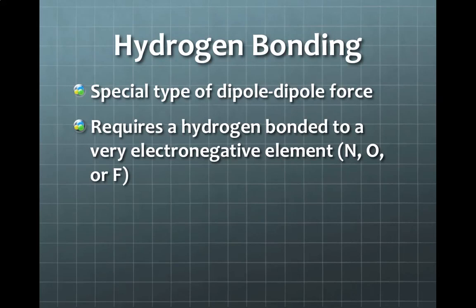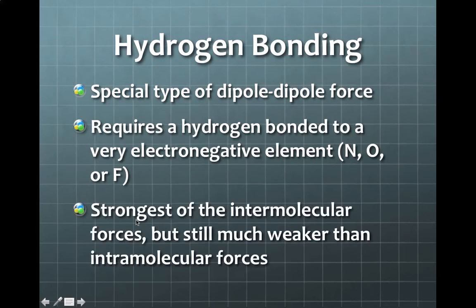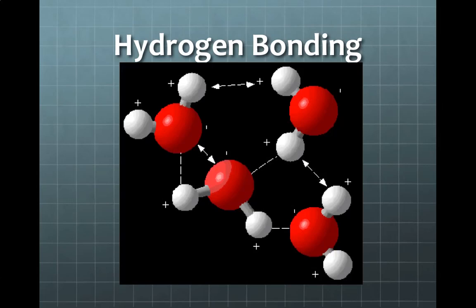That's what's holding them so close to one another. This is the strongest of the intermolecular forces, but it's still much weaker than intramolecular forces. It's not a bond. It's not holding elements within a molecule together. It's just what's holding molecules near to one another.